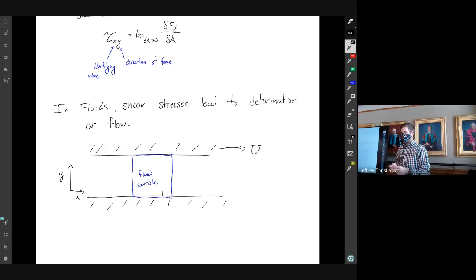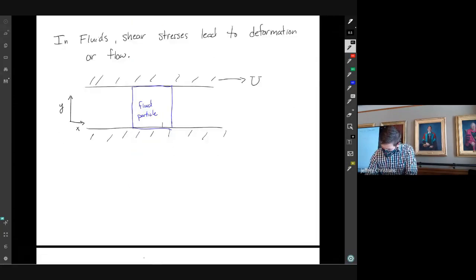What does that movement look like in terms of forces and stress? So this would be tau.